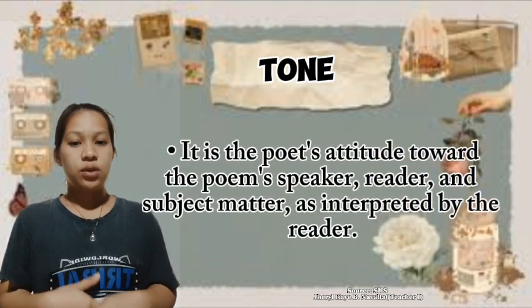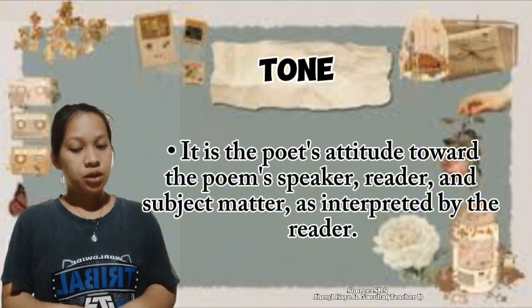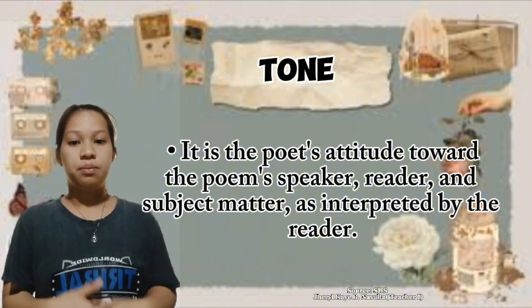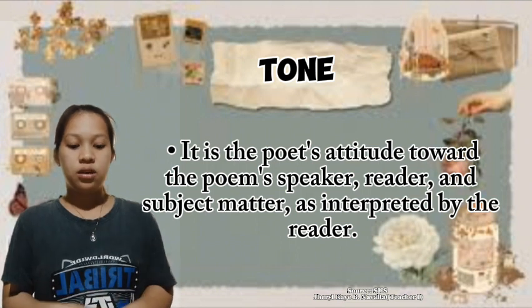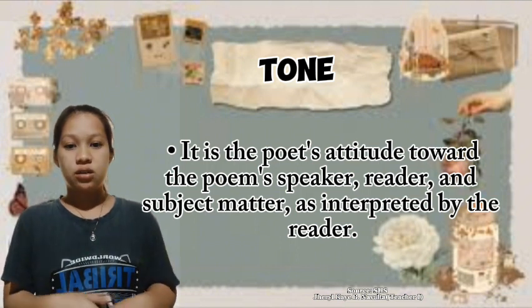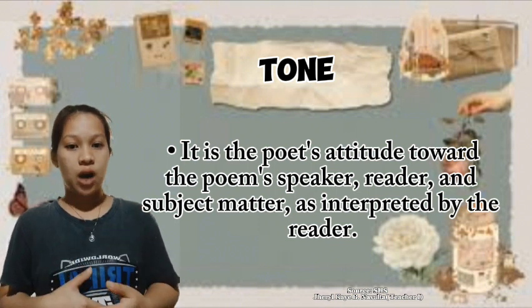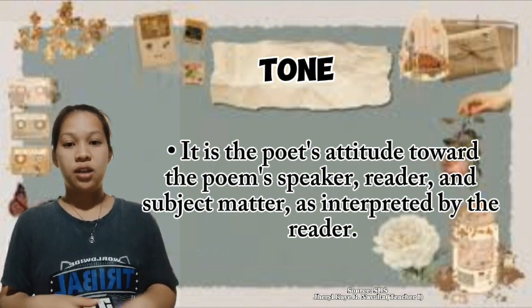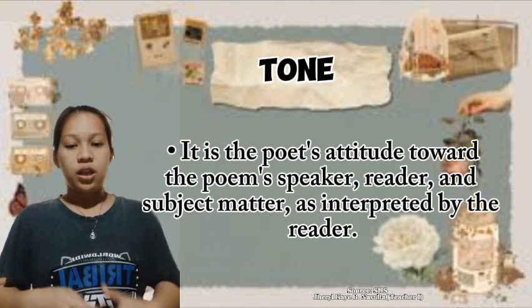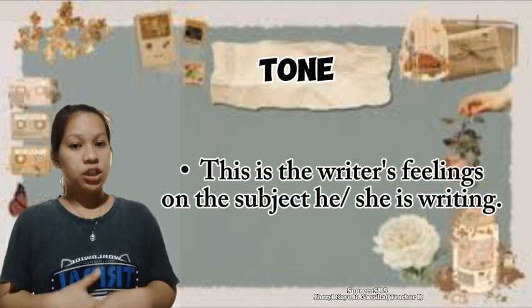Tone is the poet's attitude toward the speaker, reader, and subject matter as interpreted by the reader. It is often described as a mood that pervades the experience of reading the poem. It is created by the poem's vocabulary, syntax, use of figurative language, and rhyme. In short, this is the writer's feelings on the subject he or she is writing about.